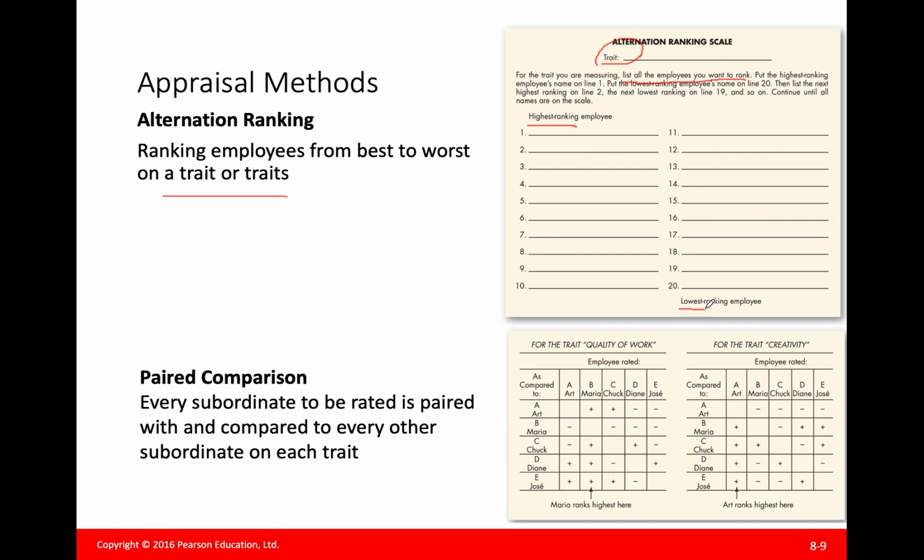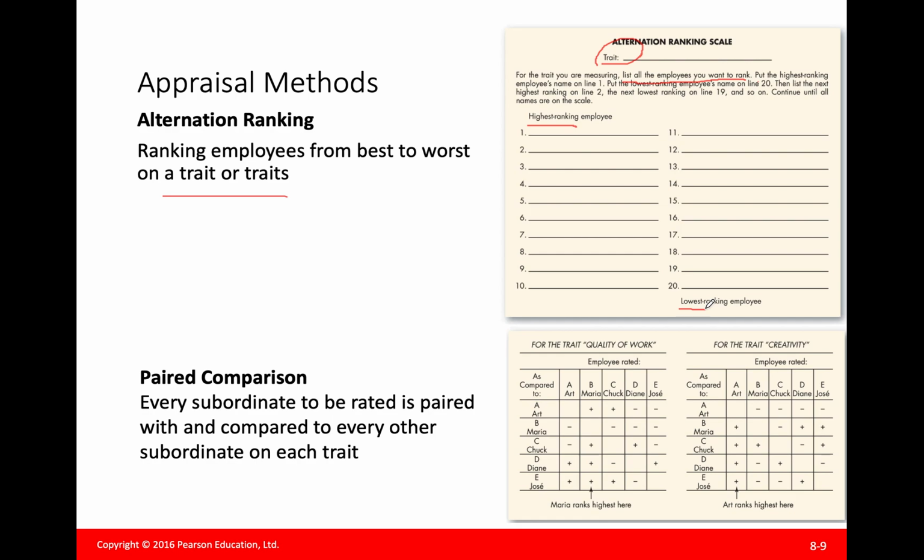And the next one is pair comparison. You can see that alternation ranking is combined with the graphic scale ranking as well, and it involves comparison between employees.